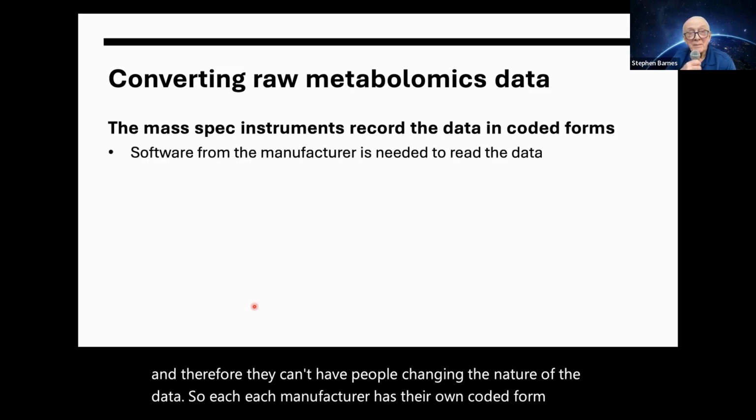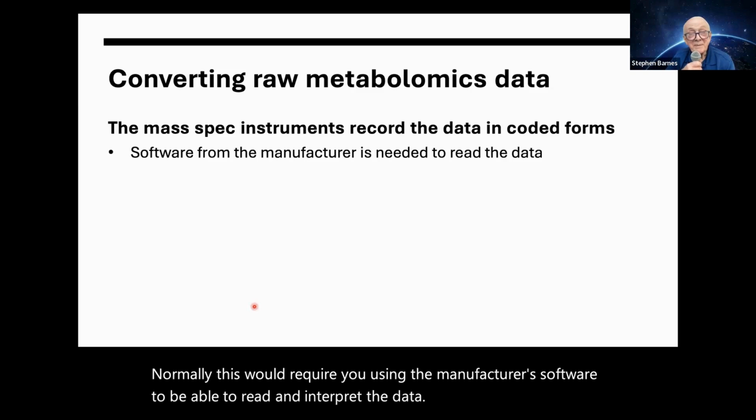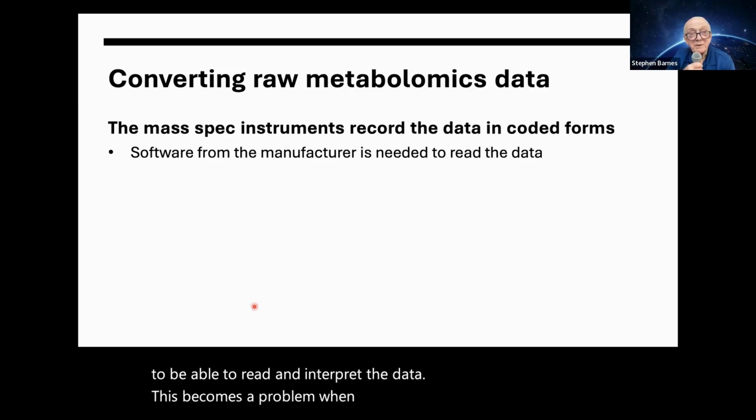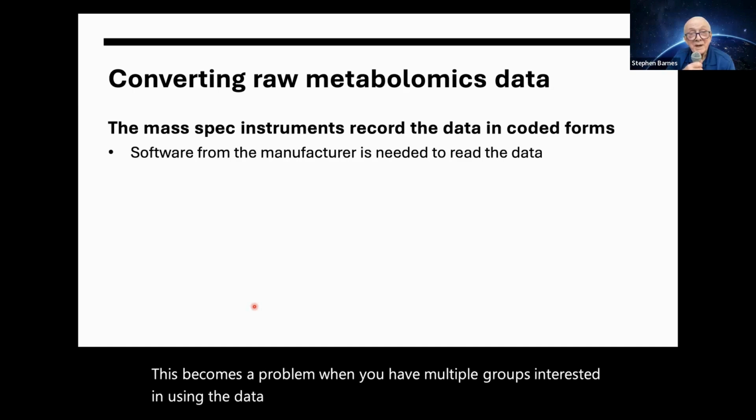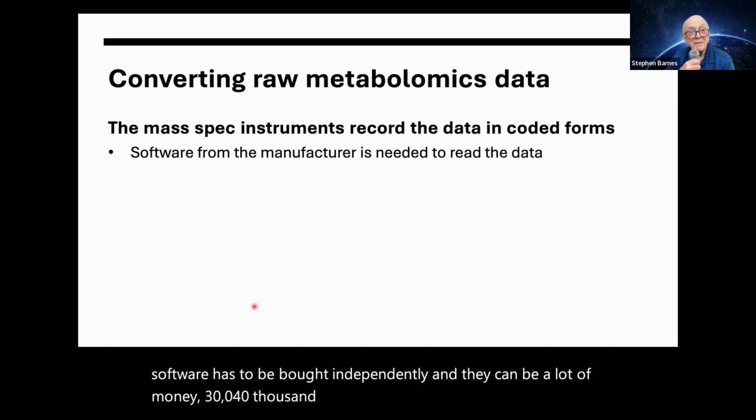Normally this would require you using the manufacturer's software to be able to read and interpret the data. This becomes a problem when you have multiple groups interested in using the data, because each version of the software has to be bought independently, and they can be a lot of money. $30,000, $40,000 is not unusual for the software from the manufacturer.